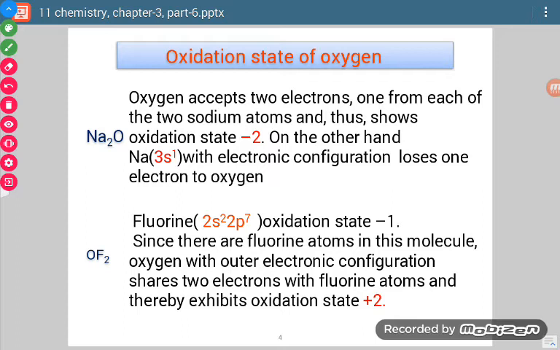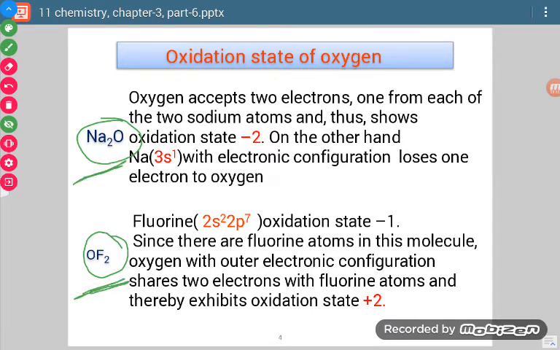It is the charge which an atom appears to have when it is removed as an ion from its molecule. Just like in the Na2O molecule, if we remove O as an ion, what will be the charge on it? That is called its oxidation state. Similarly, if we remove F from OF2, or O from OF2, then the charge on that is called its oxidation state in this molecule.